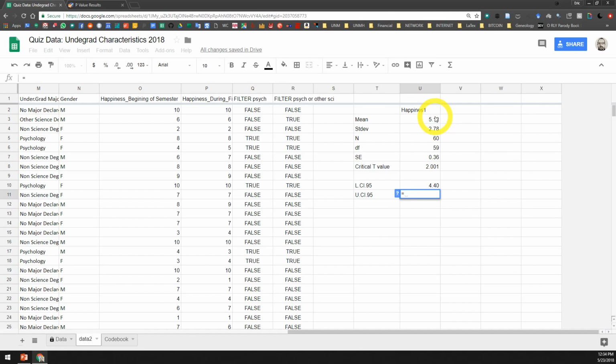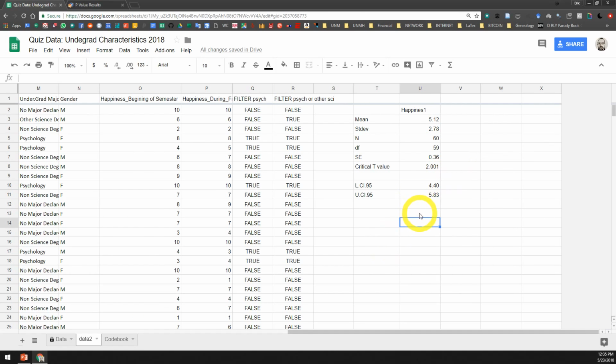Now to get the upper bound, we'll just click on the cell corresponding to the mean, plus the critical value times the standard error, 5.83. So this 4.40 and 5.83 represents our 95% confidence interval for happiness at the beginning of the semester.